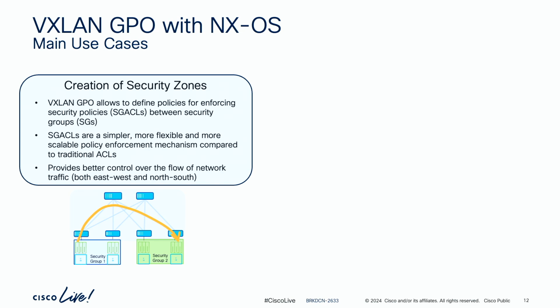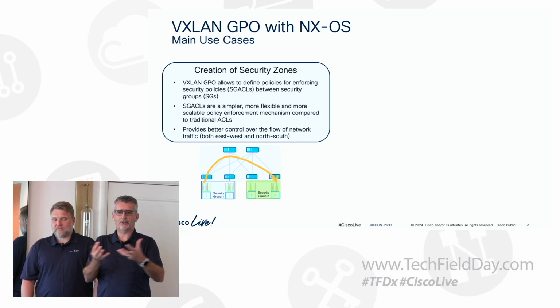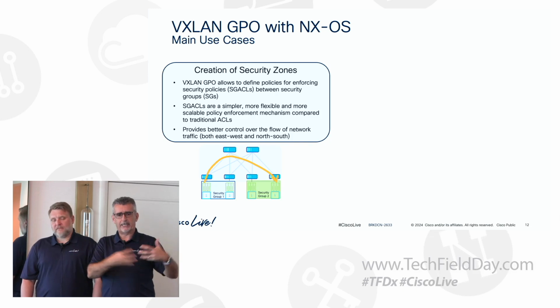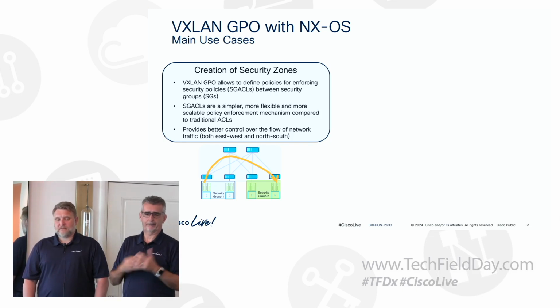I can have two endpoints in the same subnet being part of two different security groups because I don't want them to talk to each other, or I want them to talk to each other only with a specific policy, okay? So instead of having to configure a VLAN ACL if I'm in the same subnet, or a routed ACL if I'm in a different subnet, I use a consistent method of classifying endpoints into groups and then apply a policy between them, right? So it's a more advanced, more flexible, simpler way to create security rules between endpoints, right?